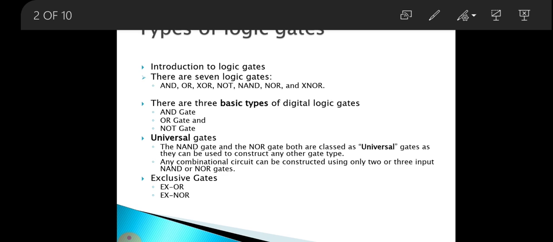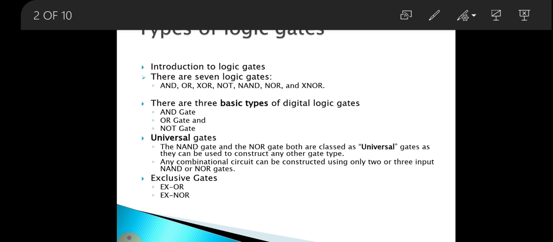Next definition is Boolean expression. Boolean expression means the relation between the input and output of a gate can be expressed mathematically by means of the Boolean expression.